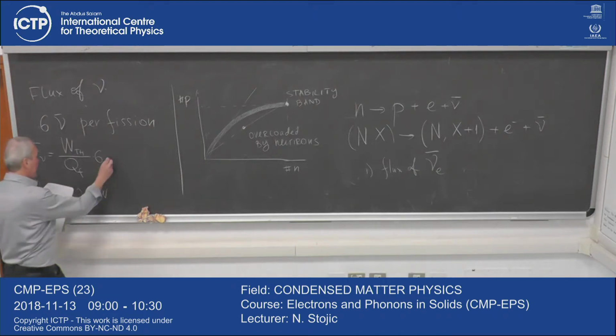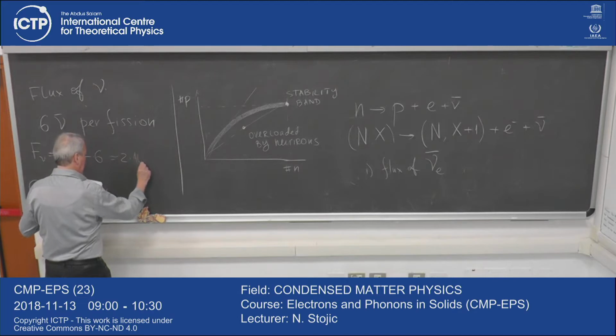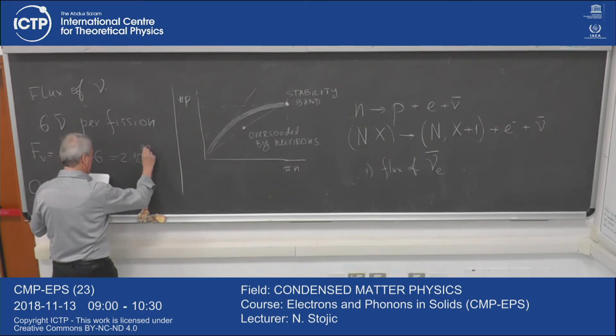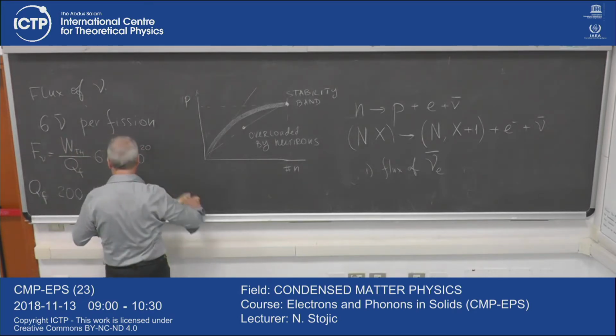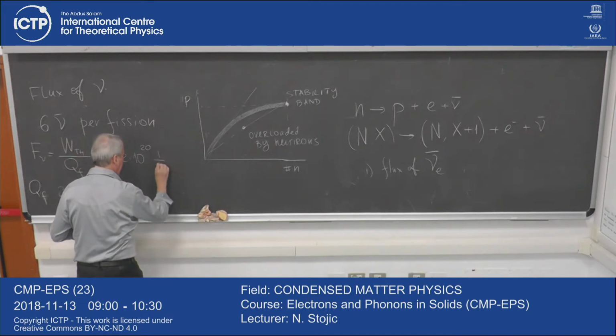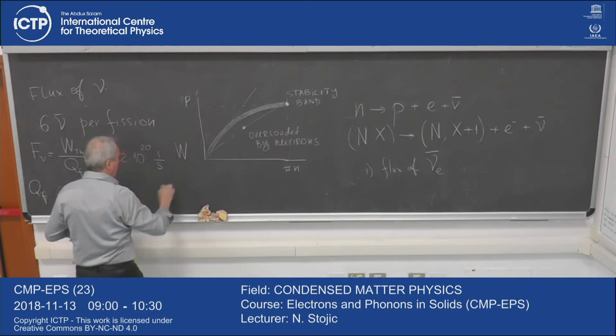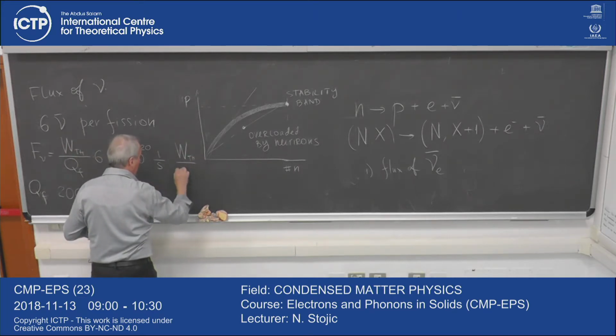Numerically, this is given by 2 times 10 to the 20 neutrinos per second multiplied by thermal power over 1 gigawatt.